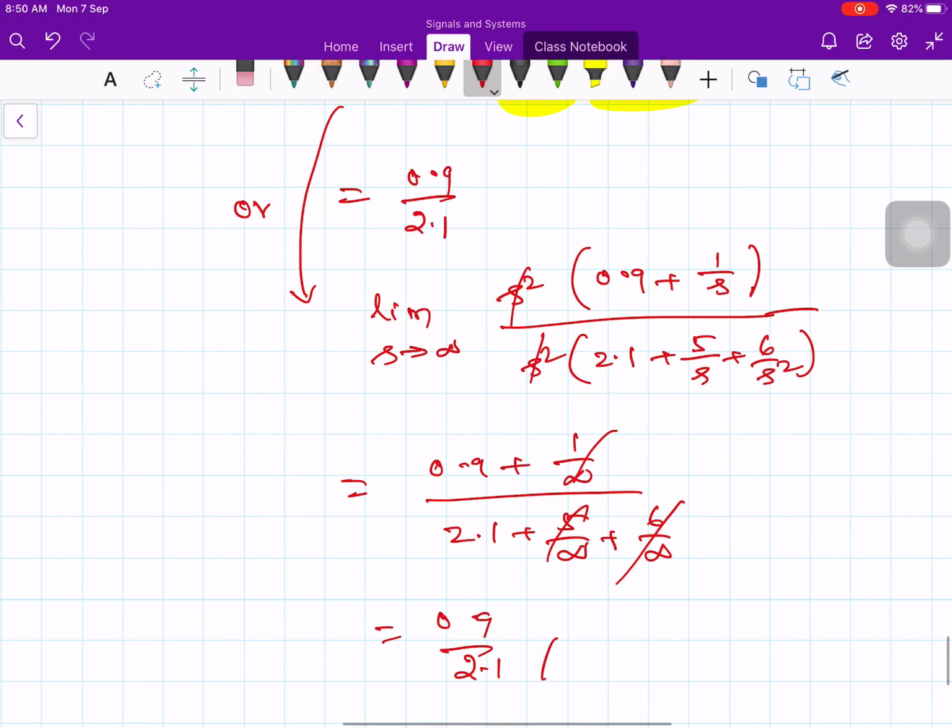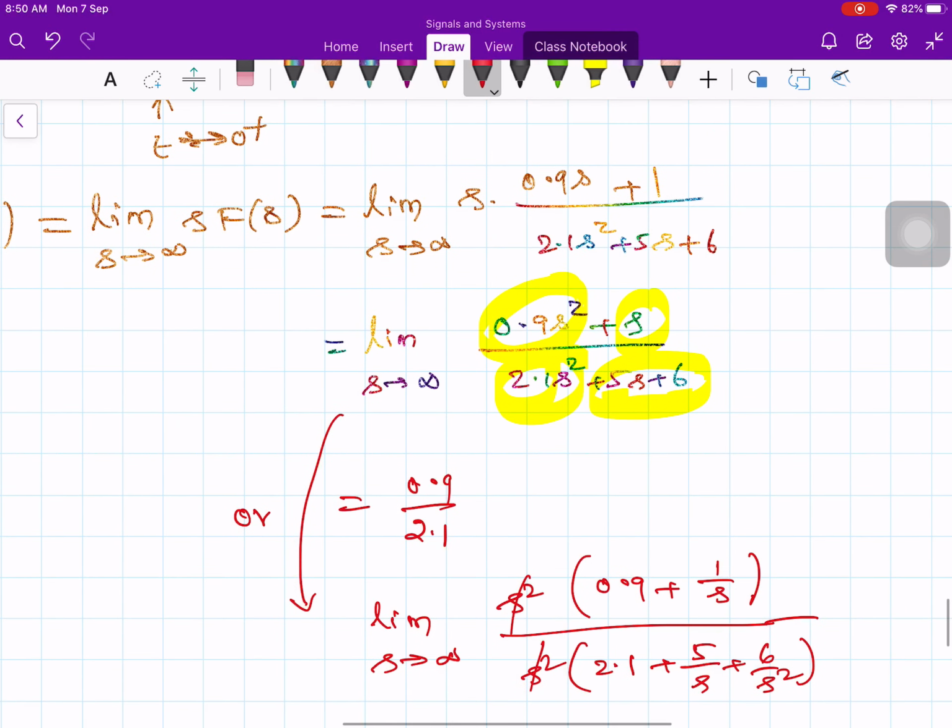So no need to do this kind of mathematics; simply by looking at it, these two are the leading coefficients. This 0.9 is a leading coefficient, and 2.1 is a leading coefficient. Why is it called a leading coefficient? Because this term has s squared, and s squared will grow much faster than the s term and then the constant. Therefore, you can ignore this s term, the 5s term and the 6 term. You can consider only these two, and straight away you can write the answer.